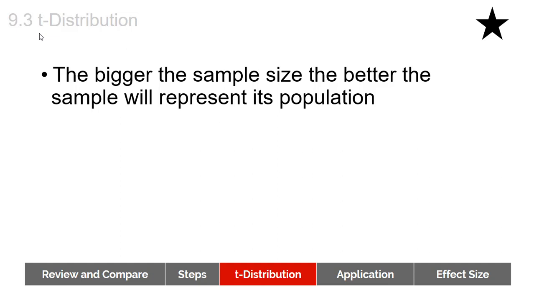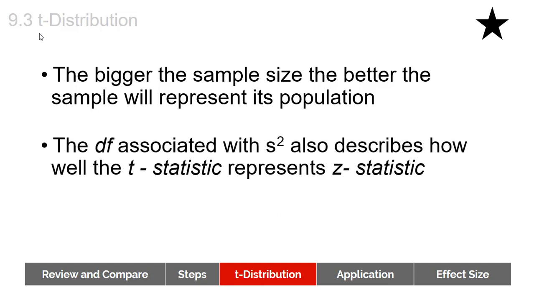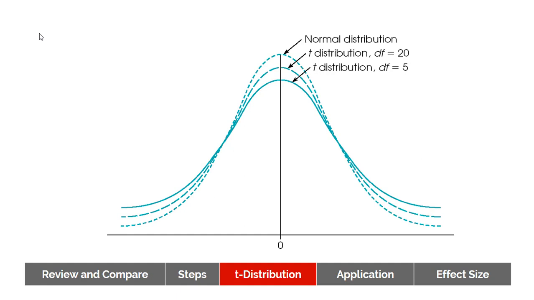We've talked about this before, about how a larger sample size is more representative of the population. So the degrees of freedom associated with estimated sample variance also describes how well the t-statistic represents the z-statistic. And I'm going to show you a picture of what this looks like.